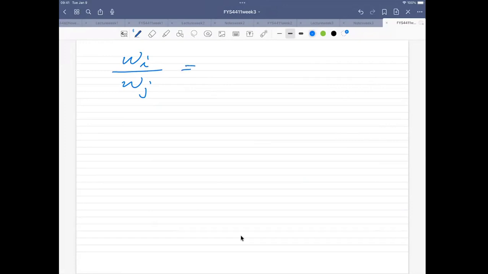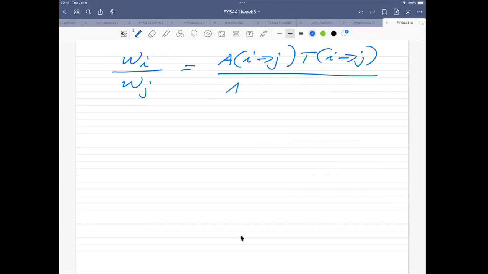So when we did this, what we obtained was a transition probability from I to J, or an acceptance probability multiplied with T of I going to J, divided by A of J going to I multiplied with T of J going to I. Sorry, I think I have interchanged things here.